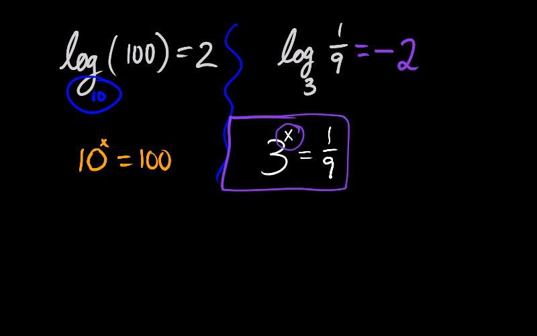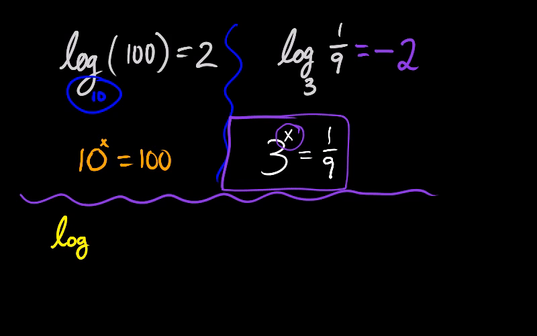Okay, a couple other ones that are just really important for you to know will look like this. Okay, so the log of 1. So once again, you say to yourself, all right, what is the base? The base is 10, and 10 to some power needs to equal 1.